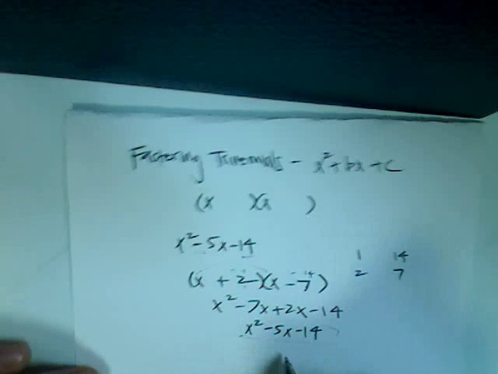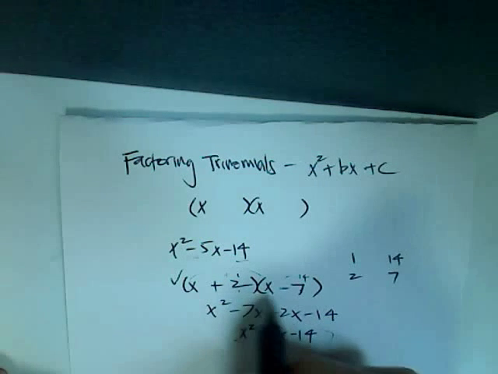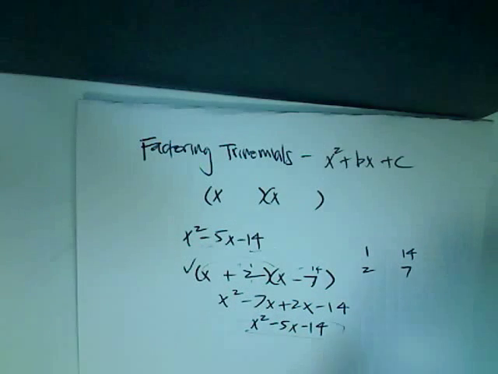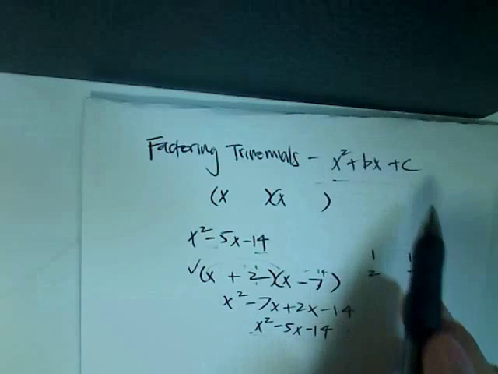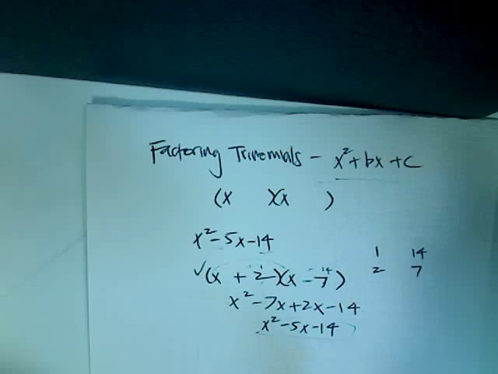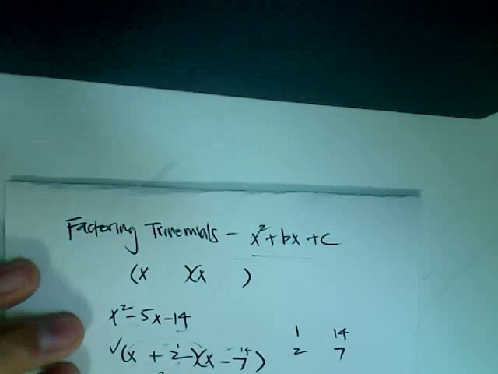So this works. So you know that this is right: x plus 2 and x minus 7. Basically, when you factor trinomials of this form, a lot of it has to do with mental math and guessing and checking to see if the values add up to the polynomial that you're originally given.